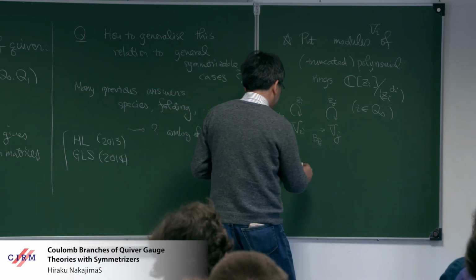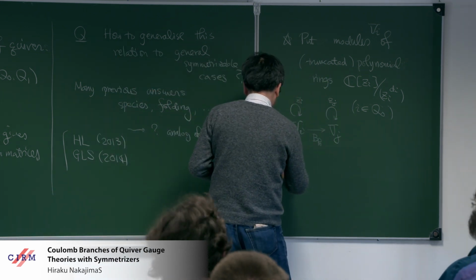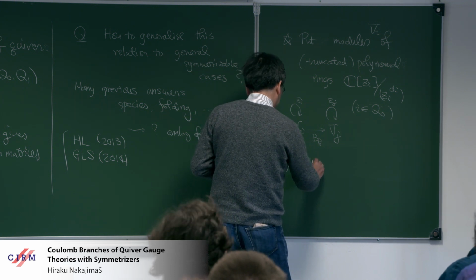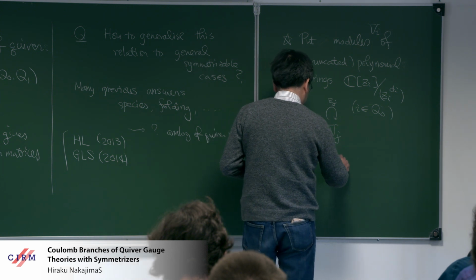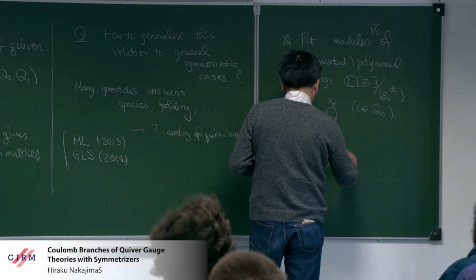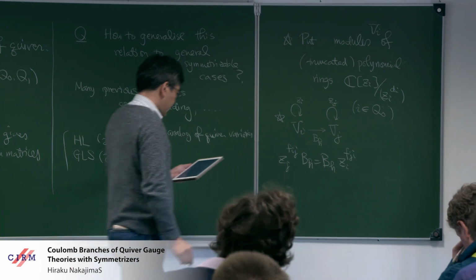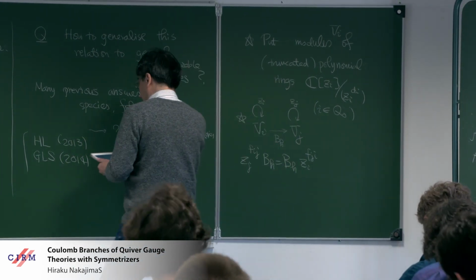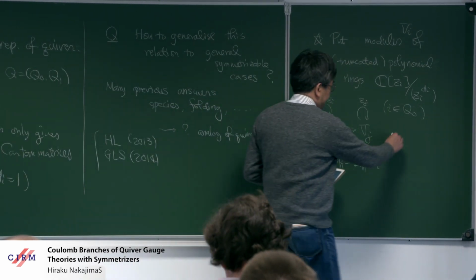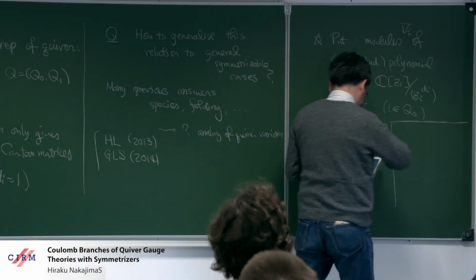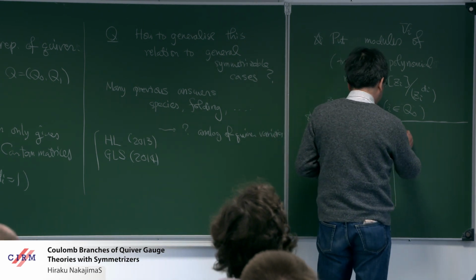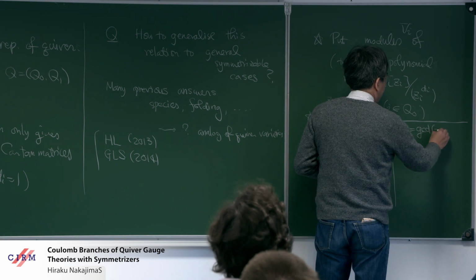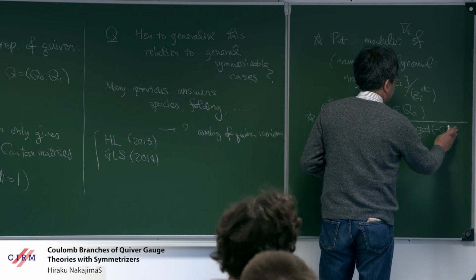Then we impose the condition xj to the power fij times B is equal to B times xi to the power fji. And fji and fij are determined by the Cartan matrix. Maybe I first consider gij, which includes the common divisor of minus Cij and minus Cji.